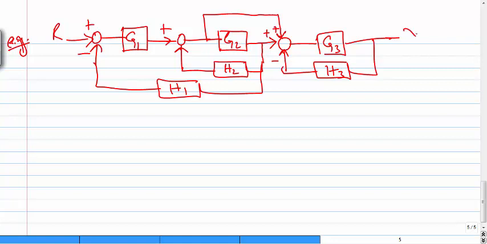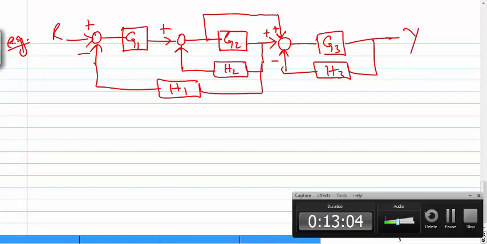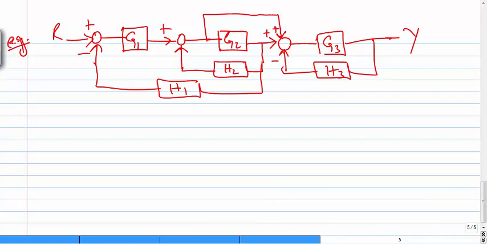If you look, this looks a bit complex, because there are a lot of blocks involved in it. So we will try to solve it one by one. The first thing is we want to pick this point from here and take it here, so that it can be easily solved.